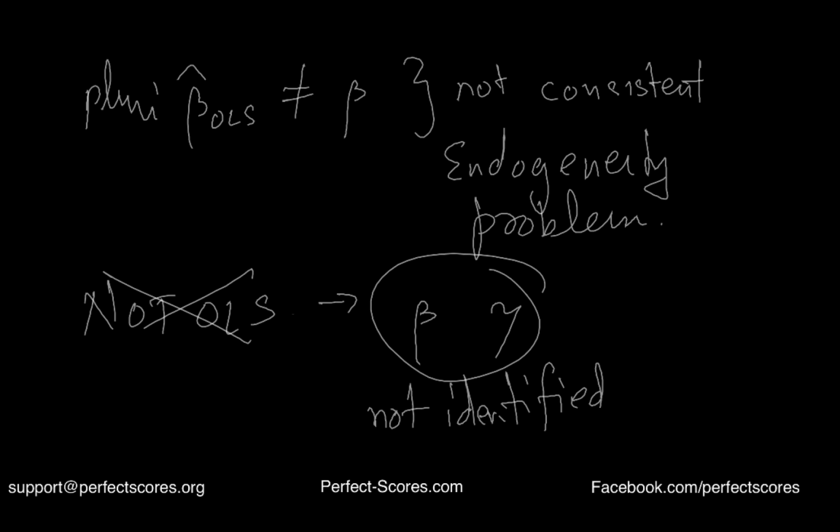The problem that beta and gamma cannot be consistently estimated is not due to the choice of your estimator, which is OLS. It is the problem of identification. That is, the values of beta and gamma are not going to be identified.